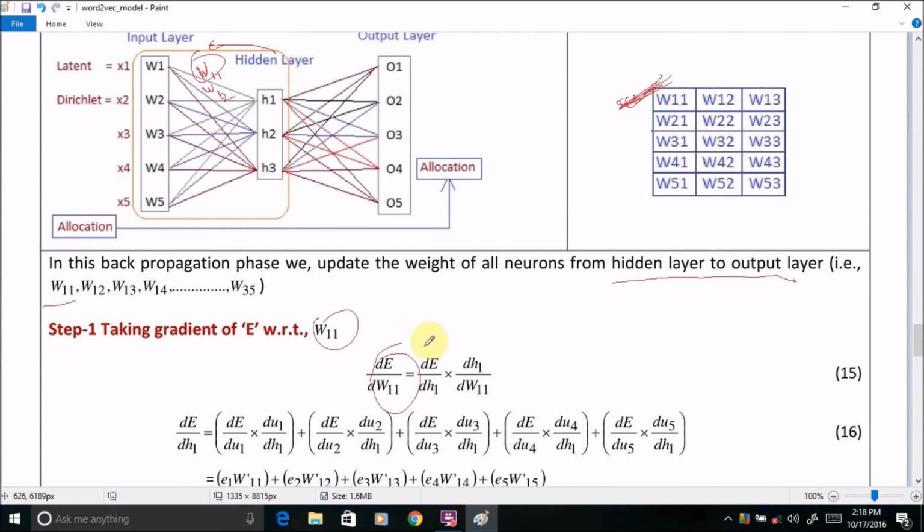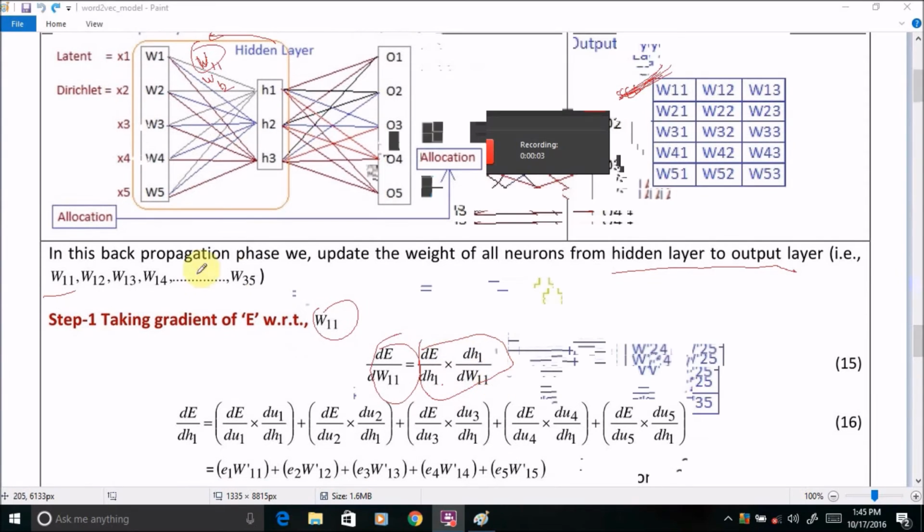Now we can extend this gradient as the derivation of E with respect to H1 into the derivation of H1 with respect to W11.